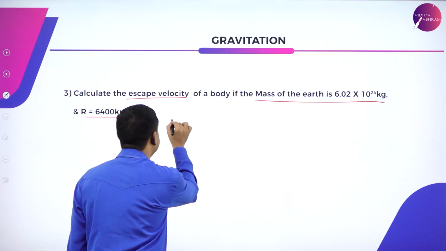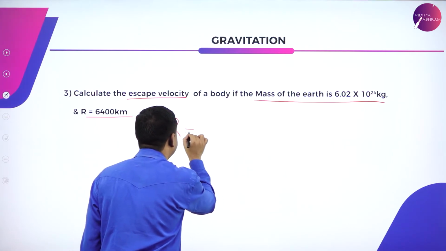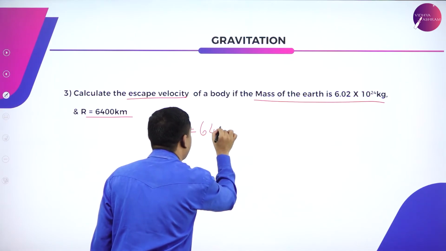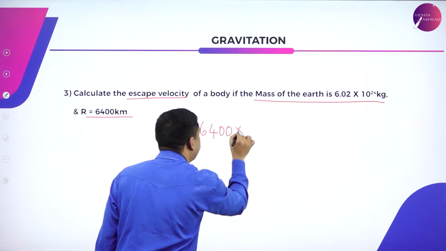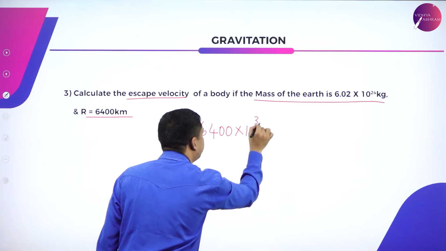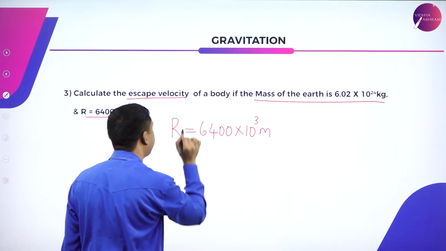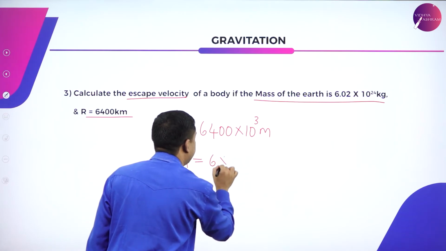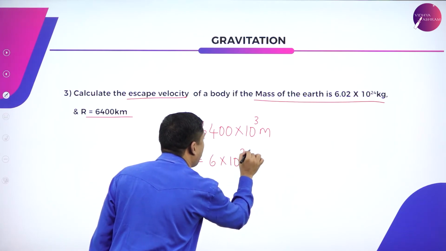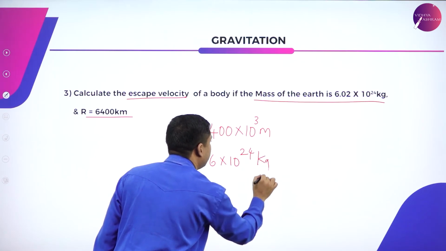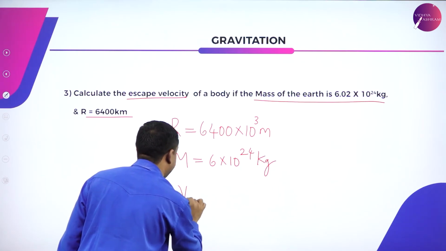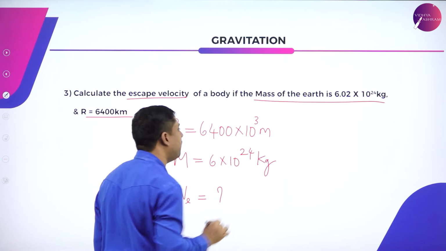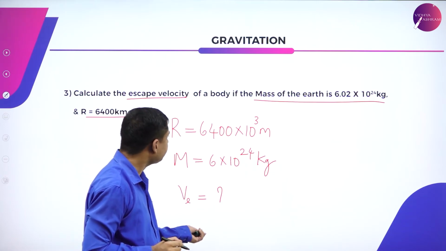So again, radius is 6,400 into 10 power 3 meters. Mass is 6 into 10 power 24 kg. We are asked to calculate the escape velocity.